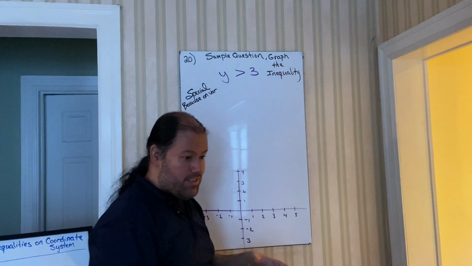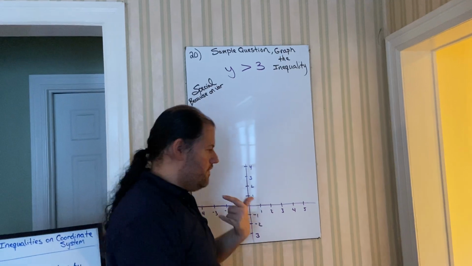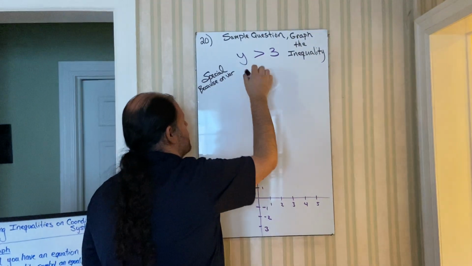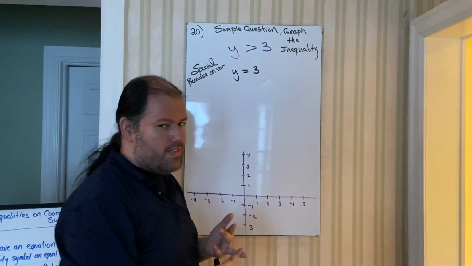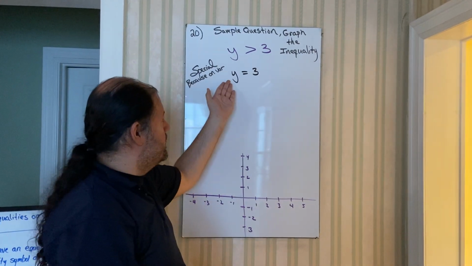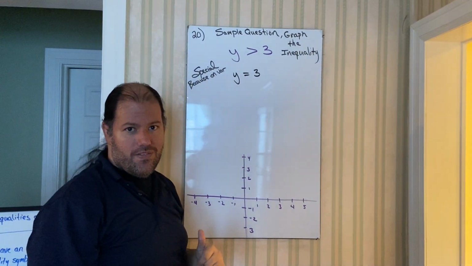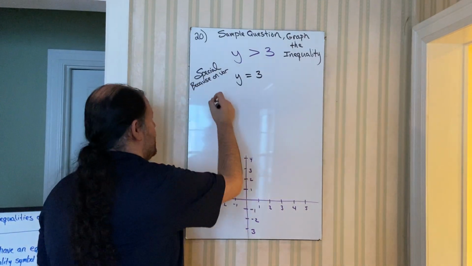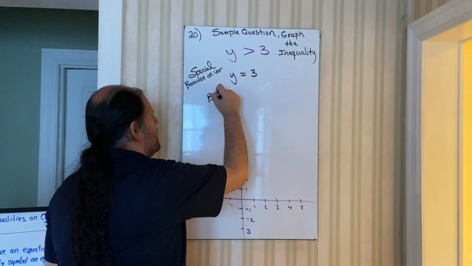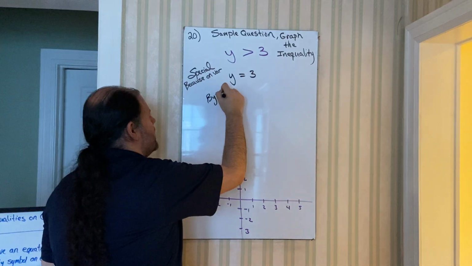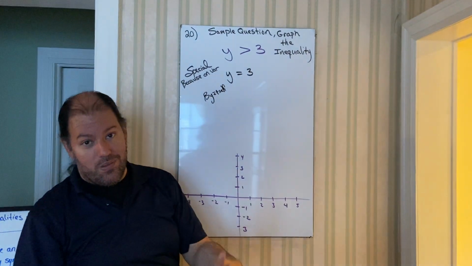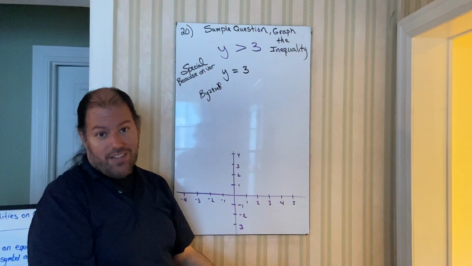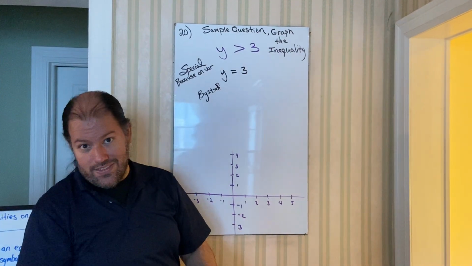But let's go through the steps. Step 1, for graphing, pretend it's an equal sign. Step 2, see if you can get y by itself. Yes, got a y and it's by itself. That's good. If it was x only, we know that the slope is undefined and that we don't have a y-intercept, we have an x-intercept.